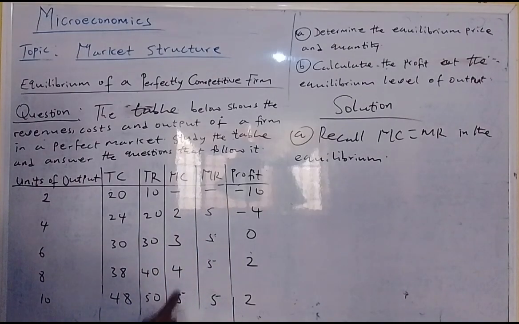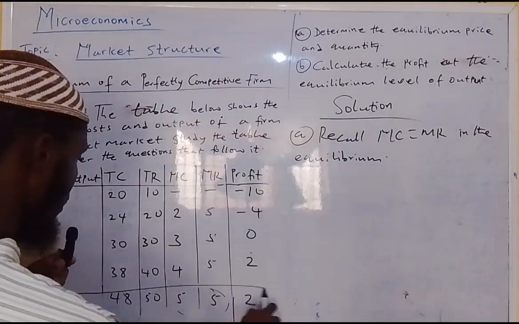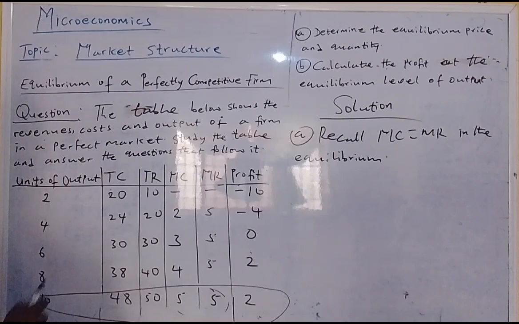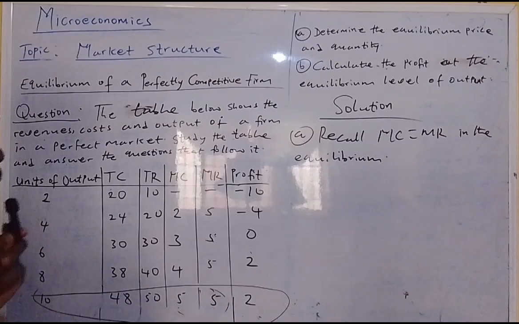Checking MR right throughout, and MC, at output level 10, we have MC equals MR. Here you can see at this level we have MC equals 5 and also MR equals 5.